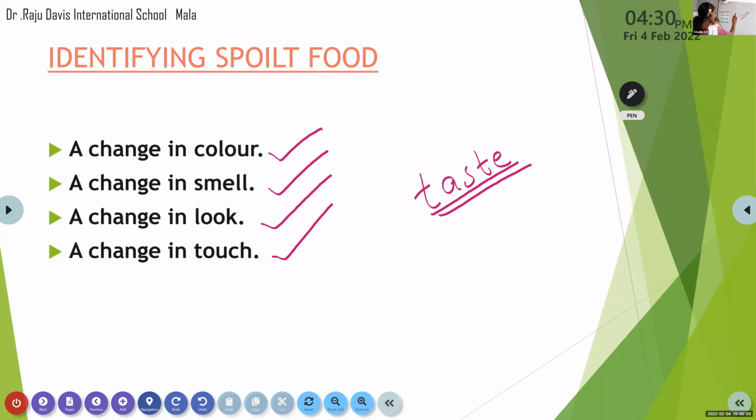From these observations, we can identify that the food is spoiled. These topics we already finished in the previous class.